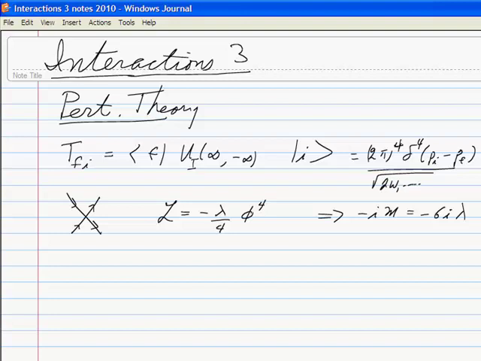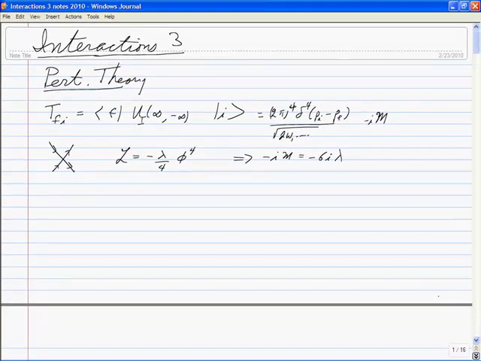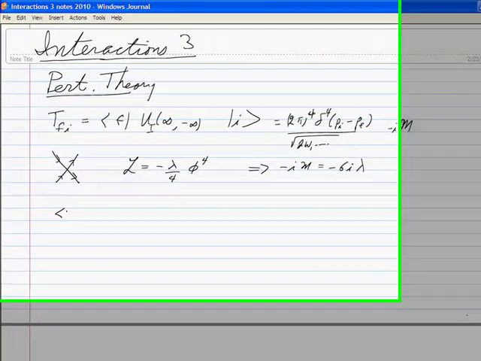And to a large extent, this is just like perturbation theory. In usual perturbation theory in quantum mechanics, when you start off doing perturbation theory, you might have some transition.